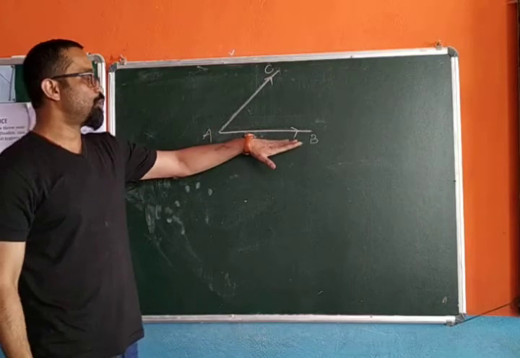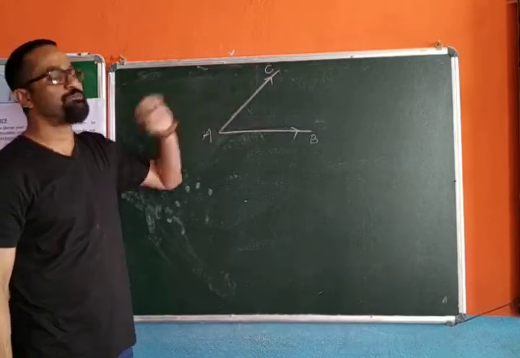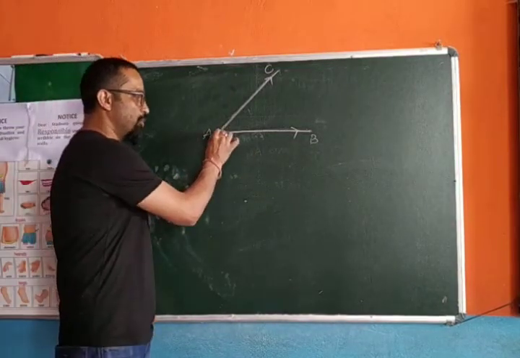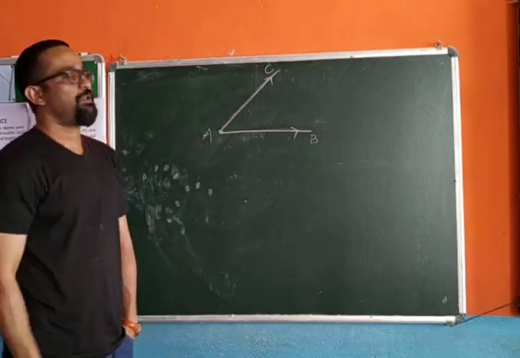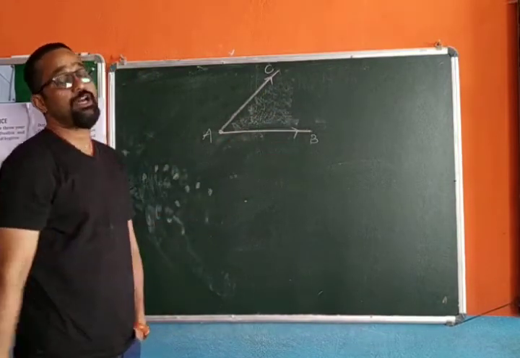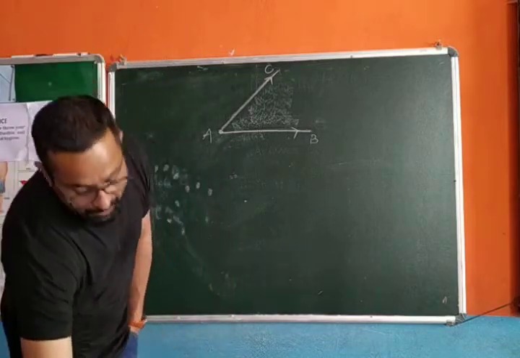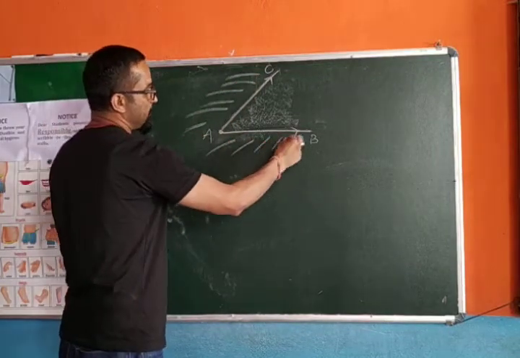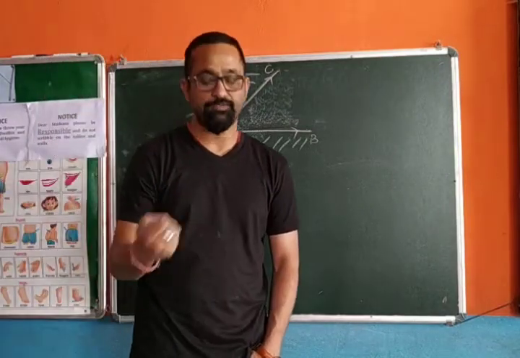So when two rays are starting from a fixed point, they form an angle. An angle has a vertex. It has two rays. The space which lies within the angle is called the interior of the angle, and the space which lies outside the angle is called the exterior of an angle.